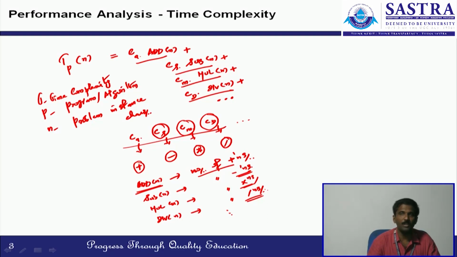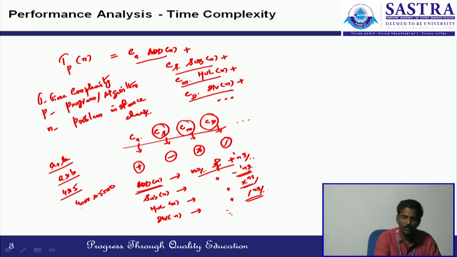In this computational expression, if we write the expression a plus b, the time needed to find a plus b should be the same for all operands a and b. For example, if we consider a star b, the time needed to find a star b is not the same for all operands a and b. That means the time needed to find 4 into 5 is not the same as, say, 4000 into 5000.